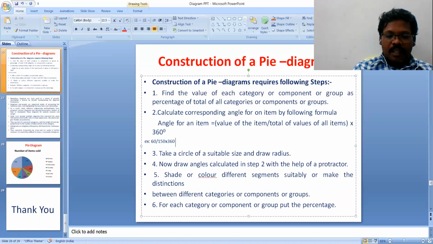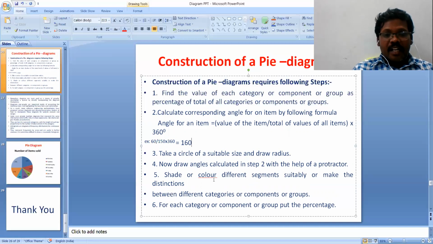For example, 180 is equal to 50%, so this may be around 160 degrees, let's say for example. So in the circle, we have to take 160 degrees, drawing the angle calculated in step 2 with the help of the protractor, which we use from the compass box in the mathematical geometry set.